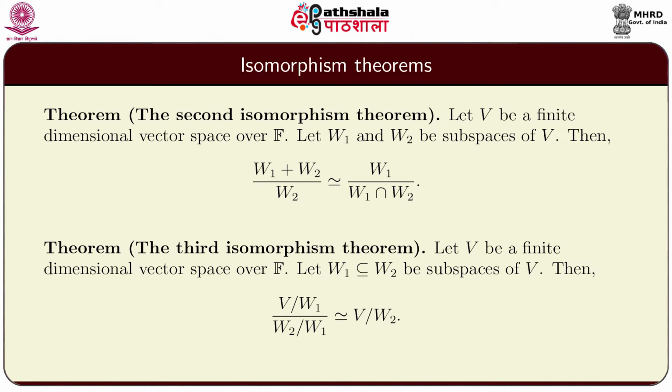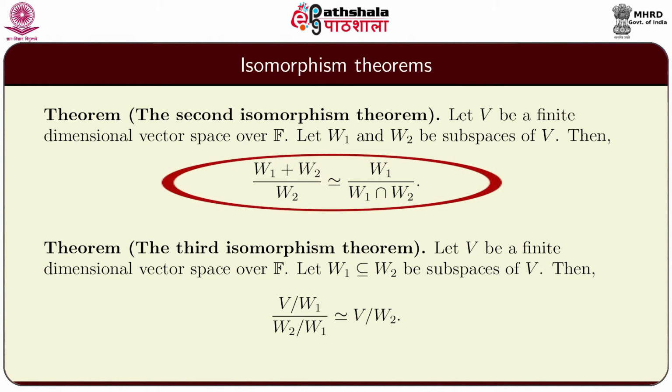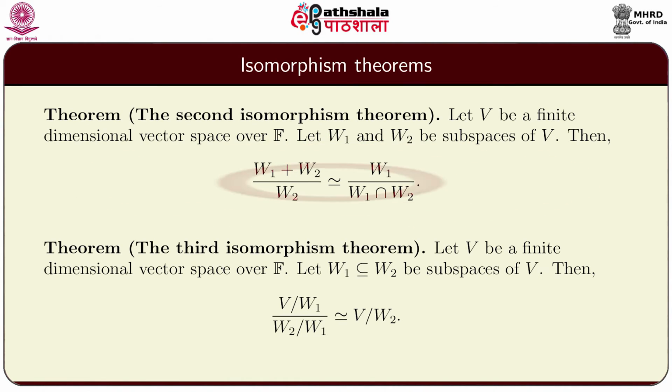The second isomorphism theorem says that if V is a finite dimensional vector space over a field F and W1, W2 are subspaces of V, then these two quotient spaces are isomorphic. One is W1 plus W2 quotient W2, and the other one is W1 quotient W1 intersection W2.